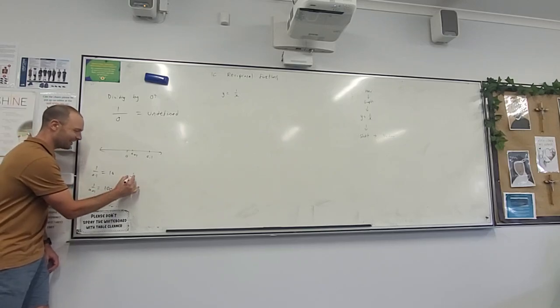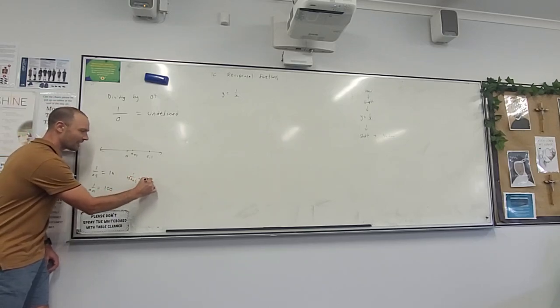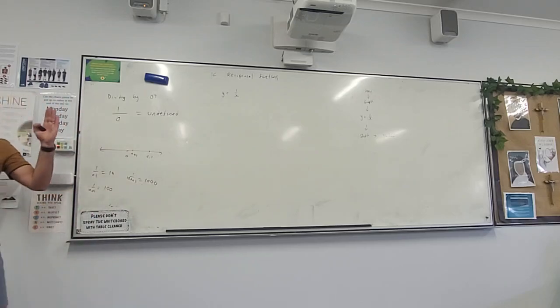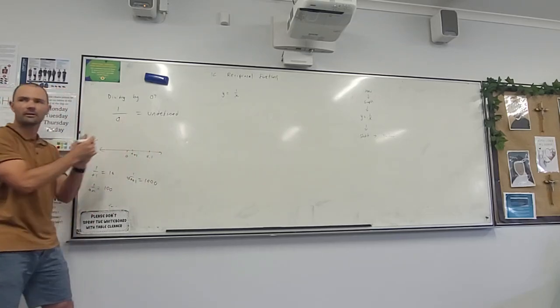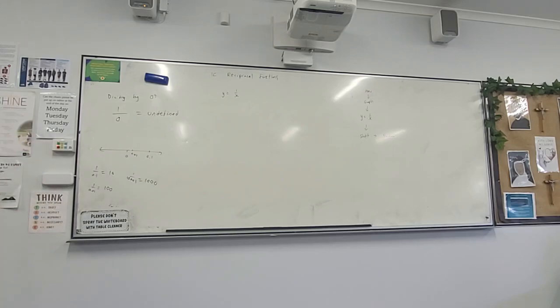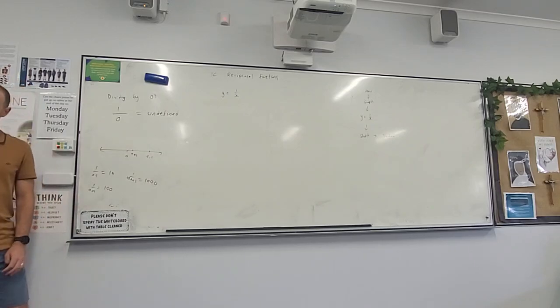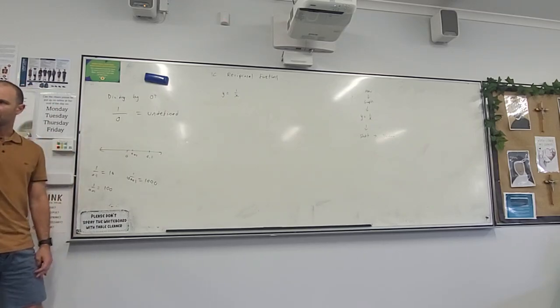This guy's on fire. 0.001, we get 1,000. So what's happening as we get closer to 0? It goes up. It's getting higher and higher and higher, isn't it? Interesting. Okay, so it's approaching infinity.